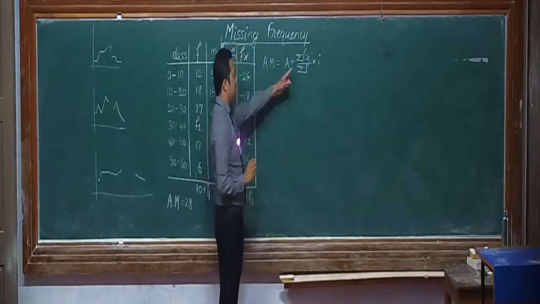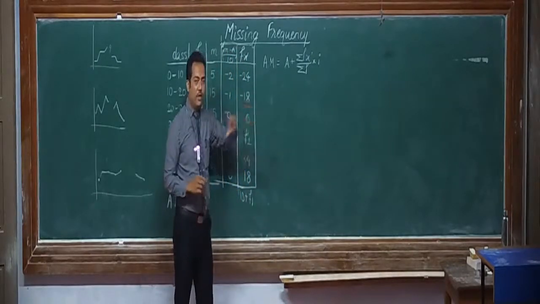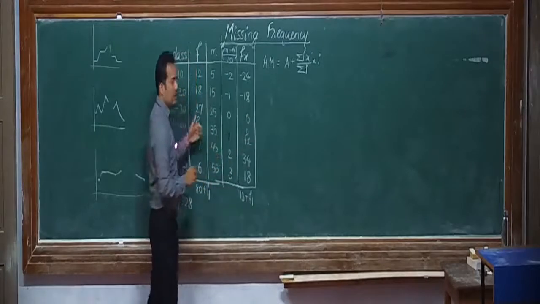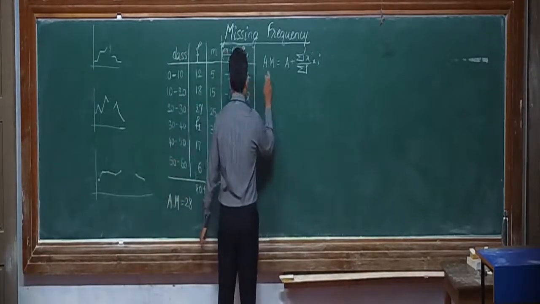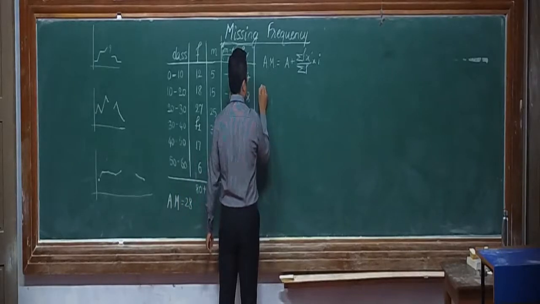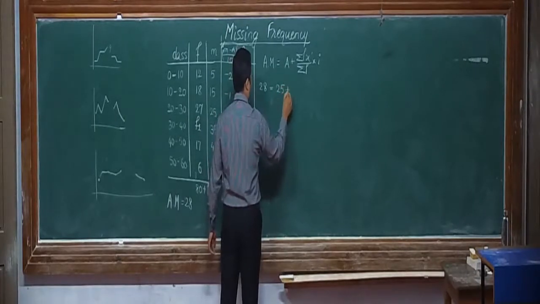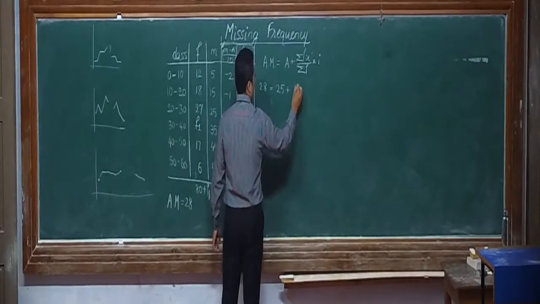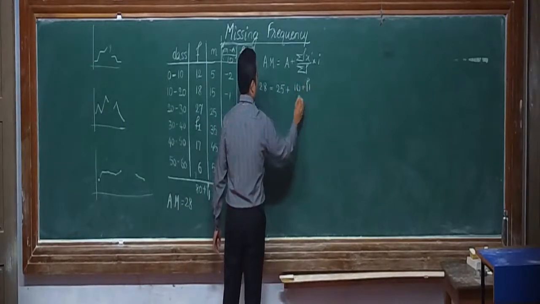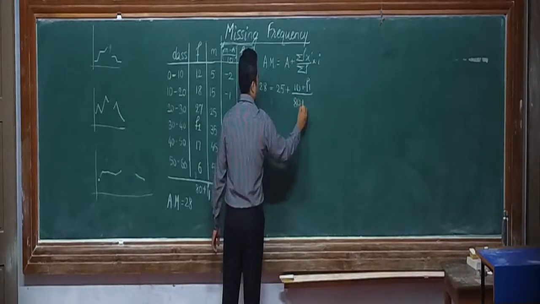So fx dash we have calculated, summation of f is also calculated, and i is the width of the class. And the width of all the classes, as we have seen, is 10 each. So the arithmetic mean given value is 28. The assumed mean is our 25 plus summation of fx dash, which is 10 plus F1, divided by 80 plus F1.